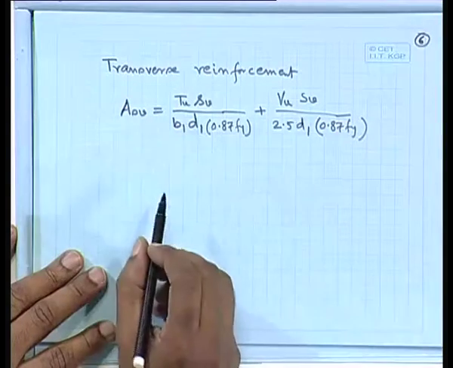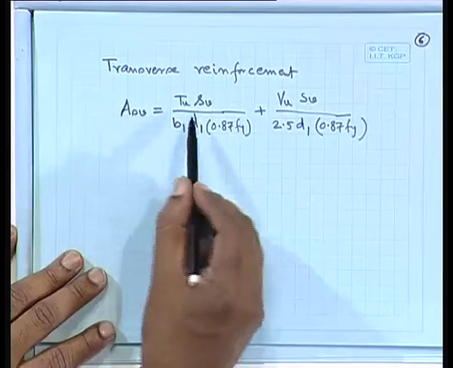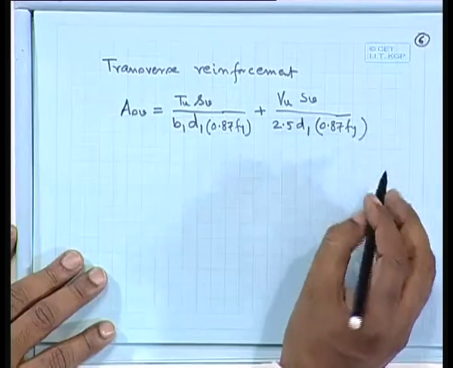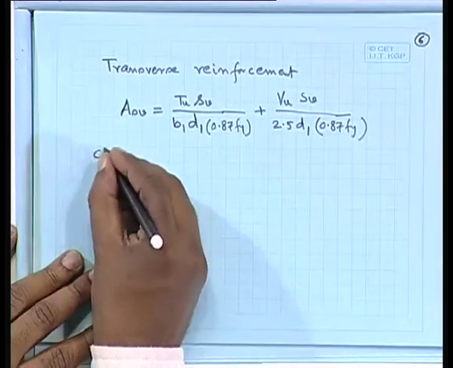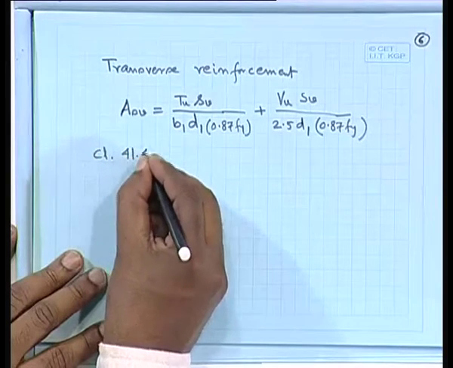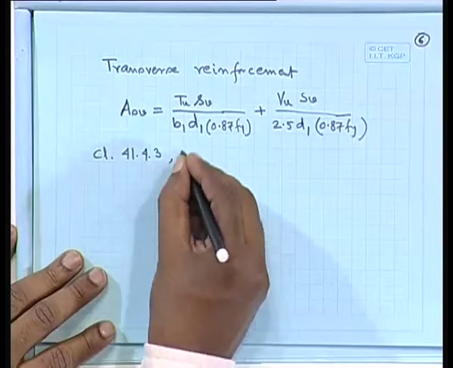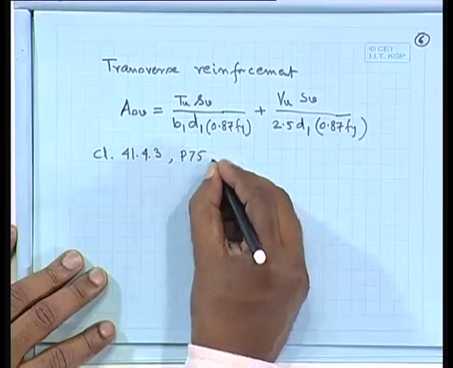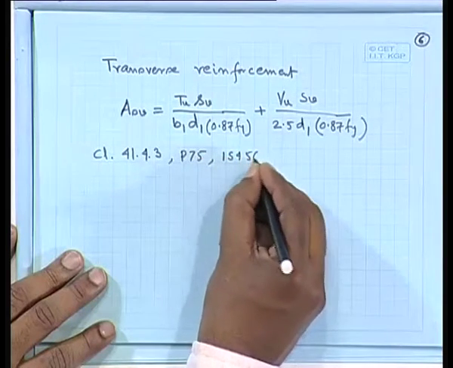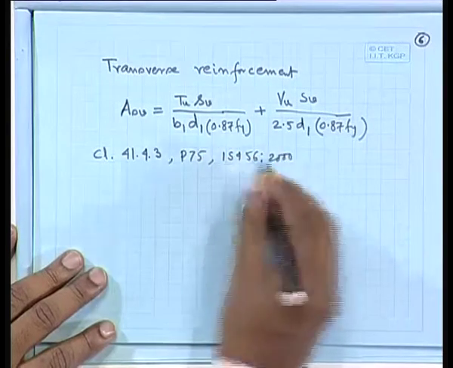We can find out the area of steel using this formula in clause 41.4.3, page 75, IS 456 2000.